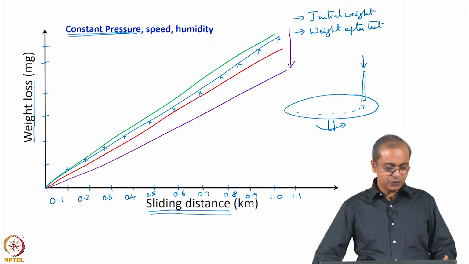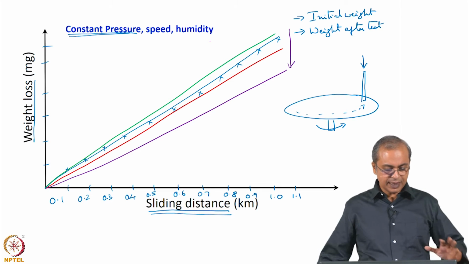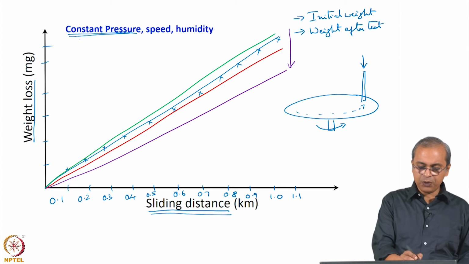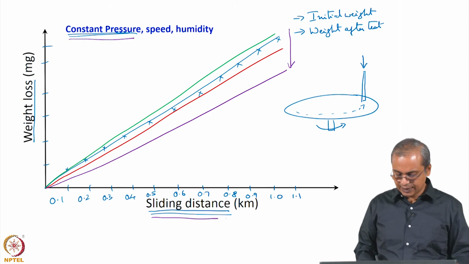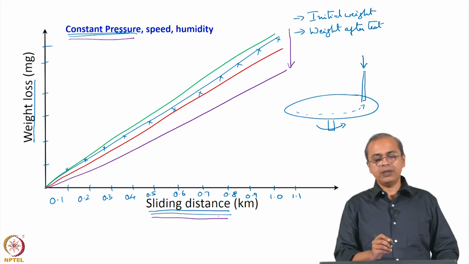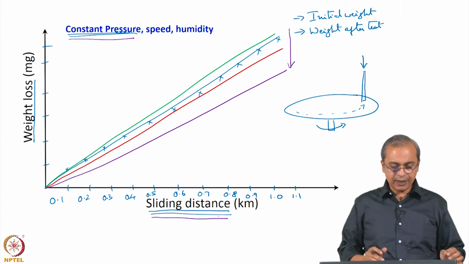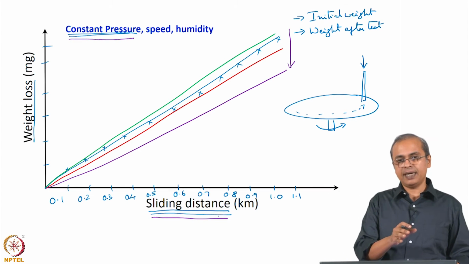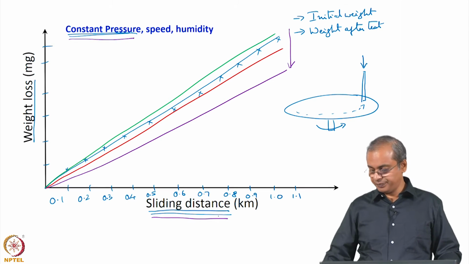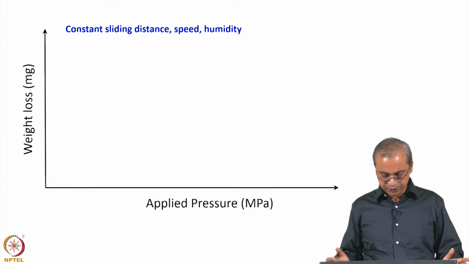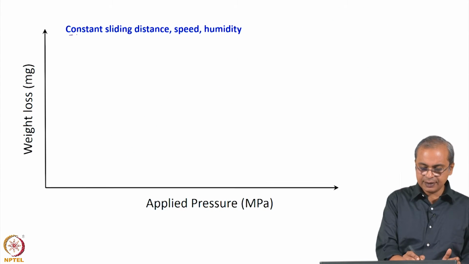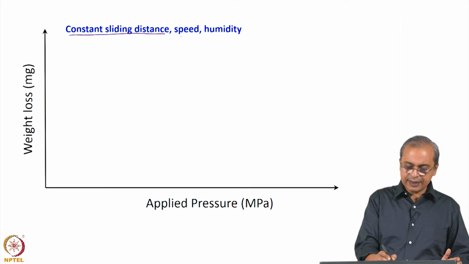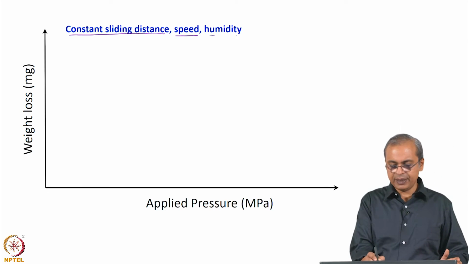There is another way in which we could do it, which is changing the variable a little bit. Here we have put constant pressure and we have changed the distance that it is travelling. The opposite thing you can do is invert the experiment, where you have a constant distance that you are travelling, but you are changing the pressure. So, constant sliding distance, and other things are constant also, speed is constant, humidity is constant.